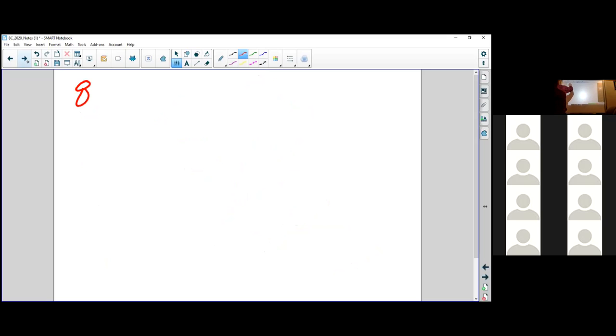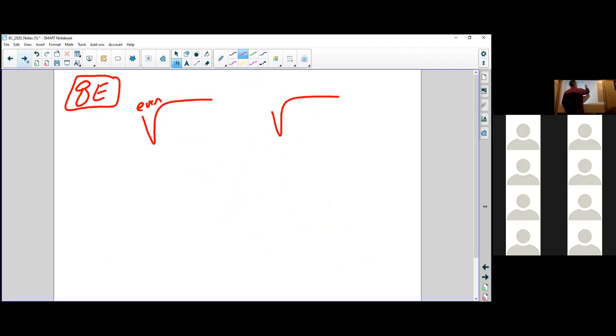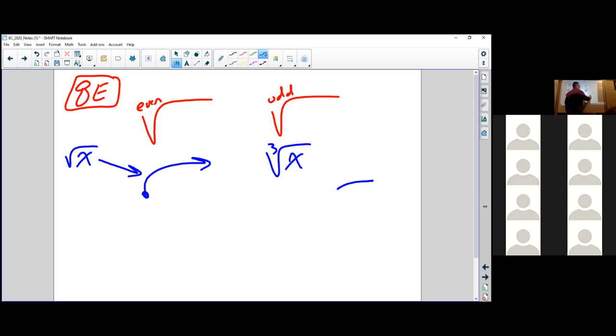So this is 8E. We're talking about even versus odd. When you have an even root, traditionally it's going to have a starting point and go forever. If I had the square root of x, that's what that would look like. But if I had the 3rd root of x, it's going to look like this.